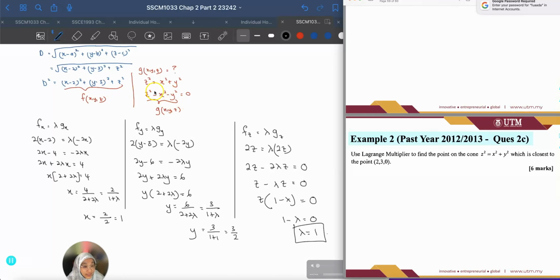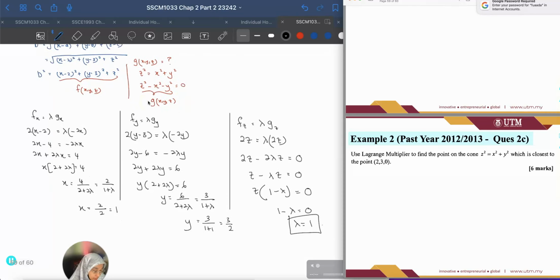Just like you did with the lambda before, you plug the x, y, z into the constraint, right? If we put it in the other function, it is still meaningless because you have no idea of the d, right? Because the objective is to get the z value based on the x, y and lambda that you obtain. So you have no option. You have to replace the x, y into this g function so that you can obtain the z.